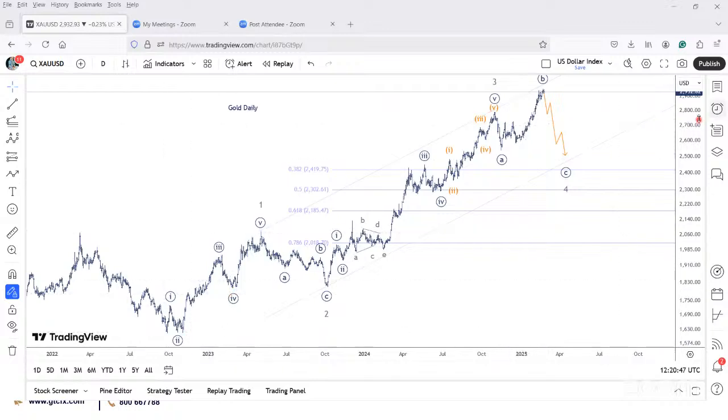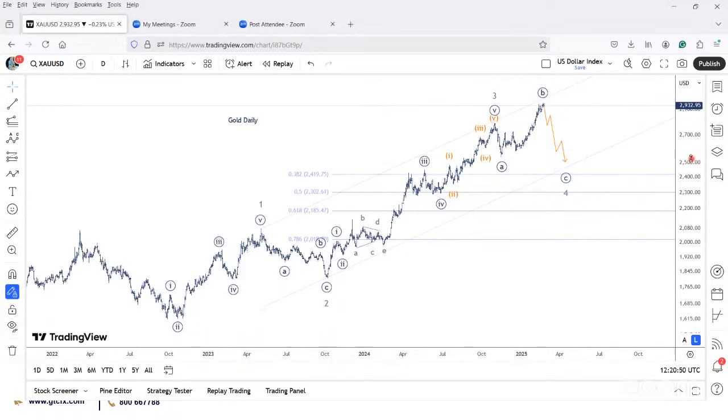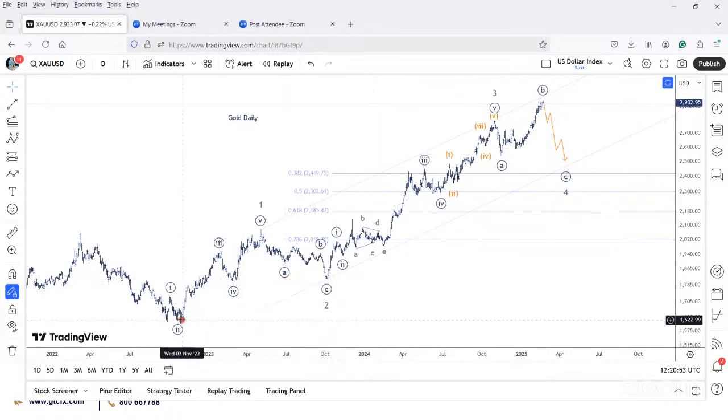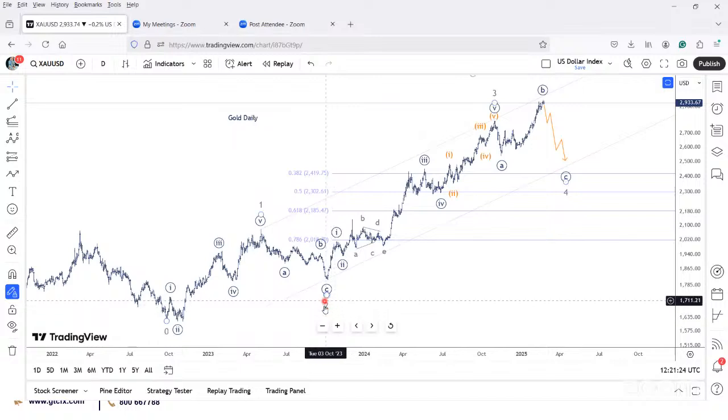So what we are seeing in gold is as follows. The story begins from September, October 2022, which was the wave 4 termination of intermediate degree. Intermediate wave 5 is progressing, and within intermediate wave 5 we have wave 1, wave 2, and wave 3, which was extended.